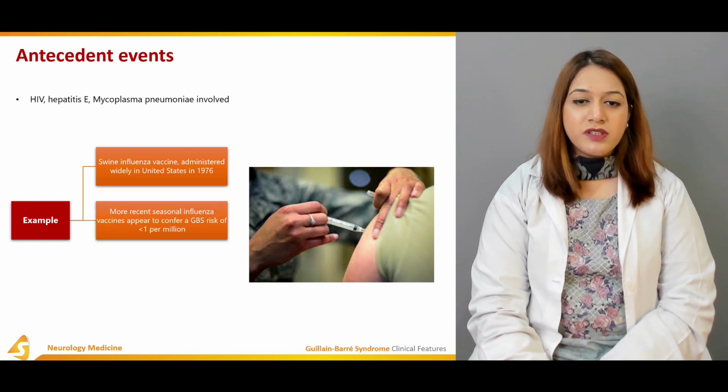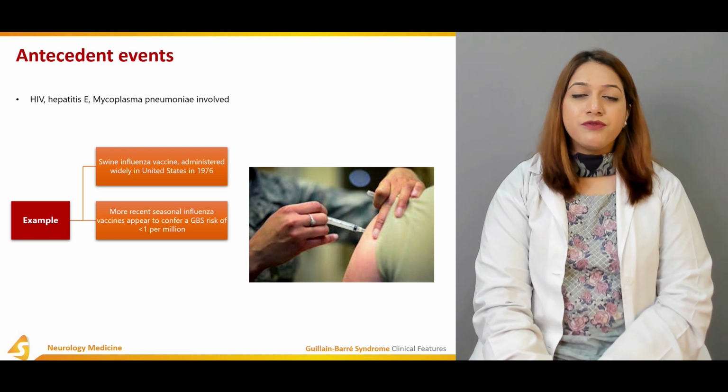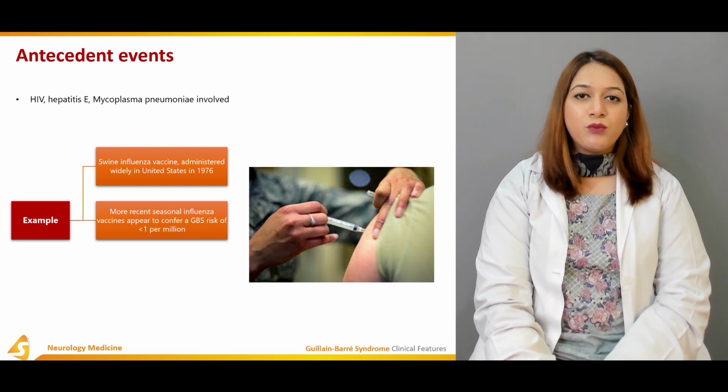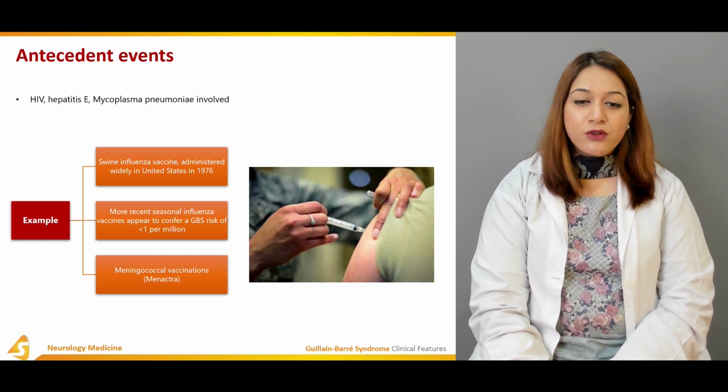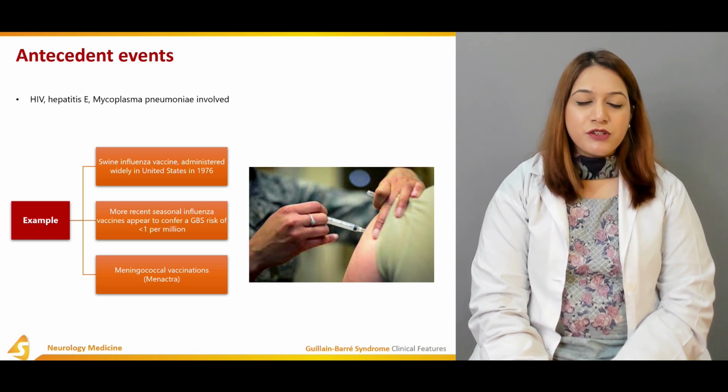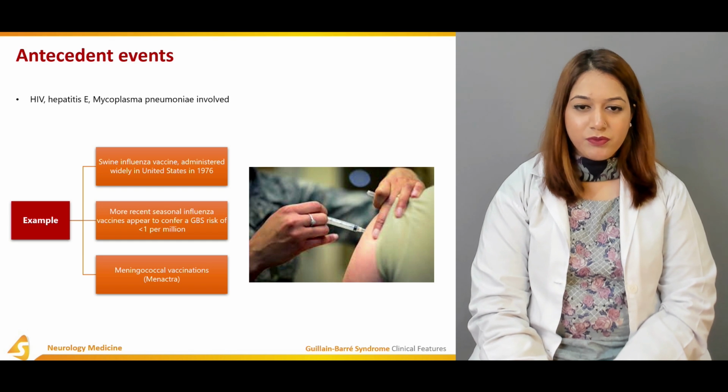More recent seasonal influenza vaccines appear to confer a GB risk of less than 1 per million, and meningococcal vaccines, which come by the name of Menactra, do not cause an increased risk of GB syndrome.